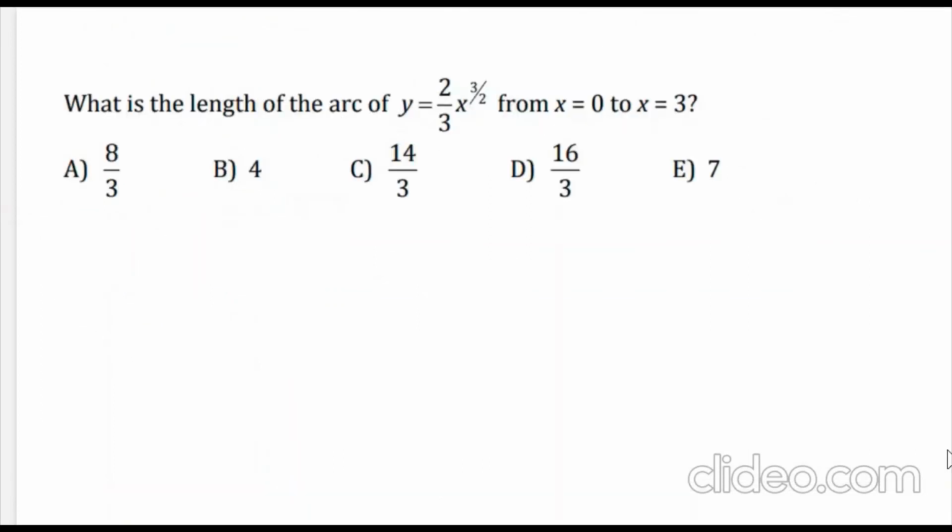What is the length of the arc of y equals 2 over 3 x to the power of 3 over 2 from x equals 0 to x equals 3? So first let's write the formula of the arc length.